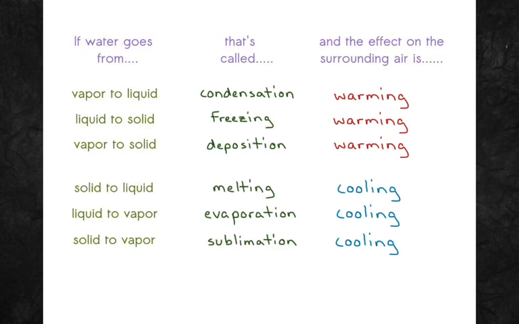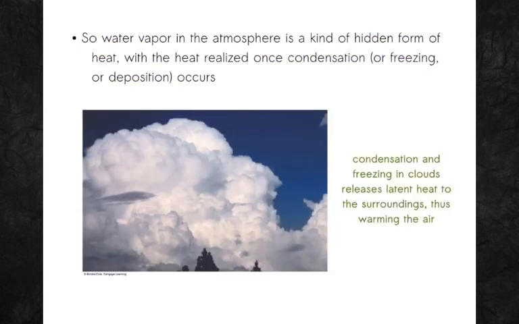Now, the main thing to keep in mind from all of this is that when we have water vapor in the atmosphere, that water vapor is actually a hidden form of energy, a hidden form of heat, if you like.